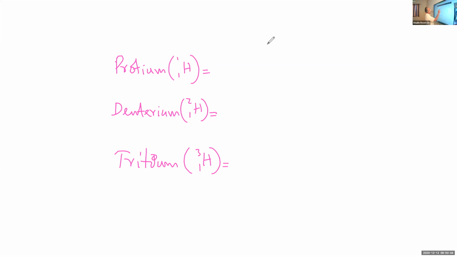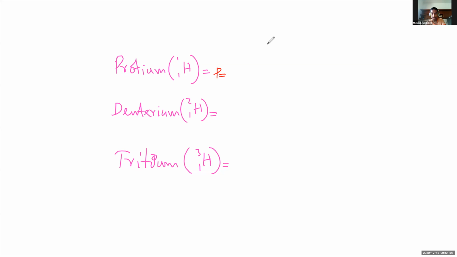Say atomic number of protium is equal to 1. So what will be the number of protons, Michael? Atomic number is equal to 1. Number of protons. Sunny, you please come. What is atomic number? Gayatri, please help him.